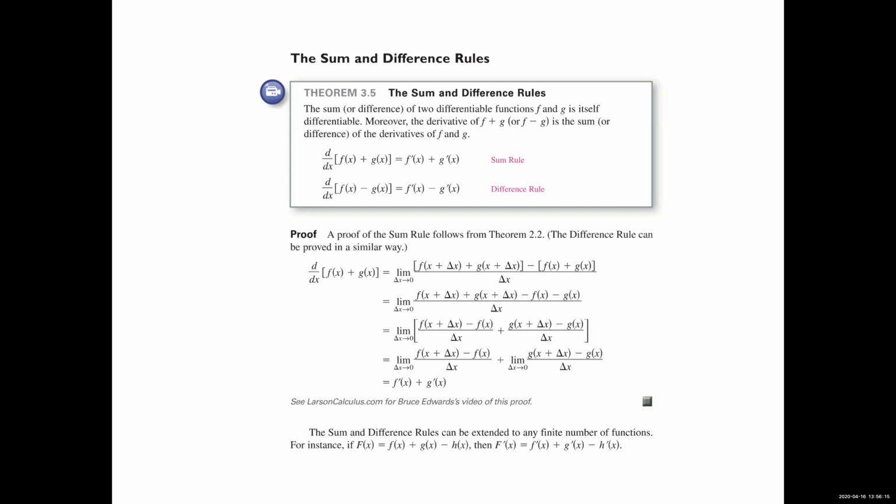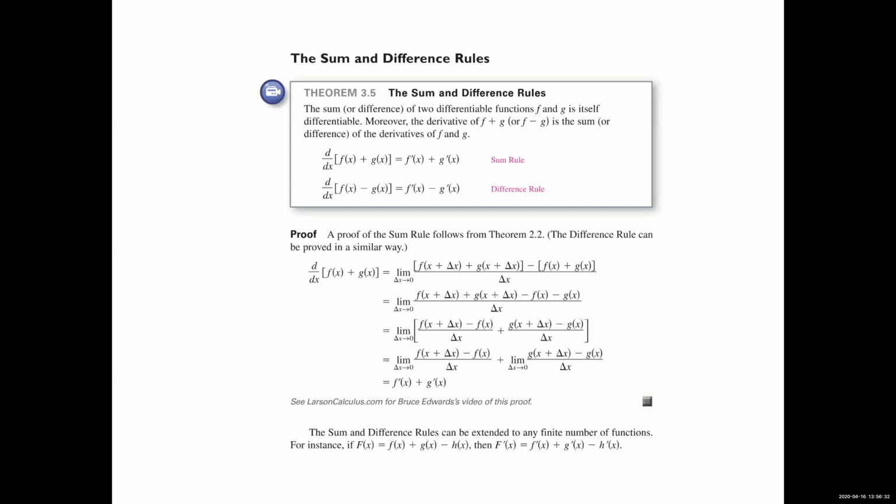So if f of x and g of x are two functions that are differentiable, then the derivative of f of x plus g of x is the same as f prime of x plus g prime of x. That's the sum rule.